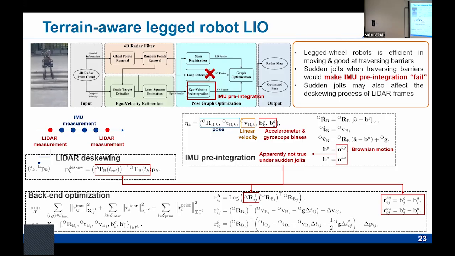This is the time sequence between the sensors. You have one LiDAR measurement, but between them you have a lot of IMU measurements, because it's a much higher frequency sensor.